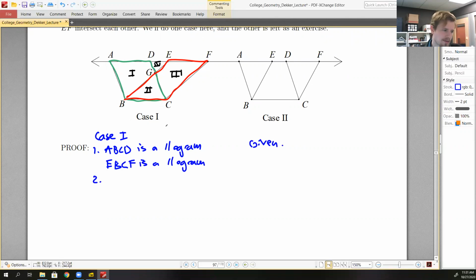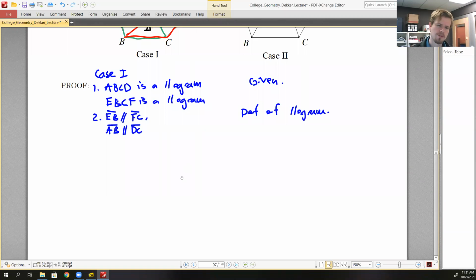So since they're both parallelograms, I know that EB is parallel to FC and that AB is parallel to DC. And that's just the definition of parallelogram, or part of the definition anyway.